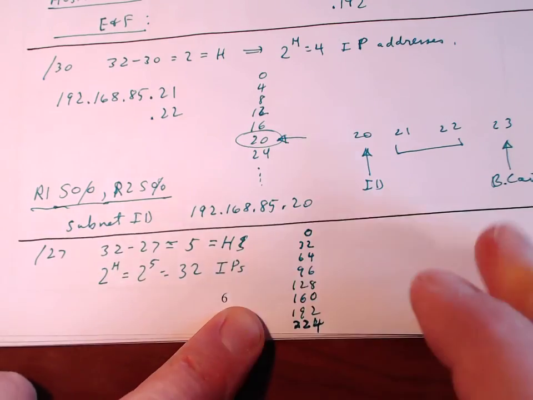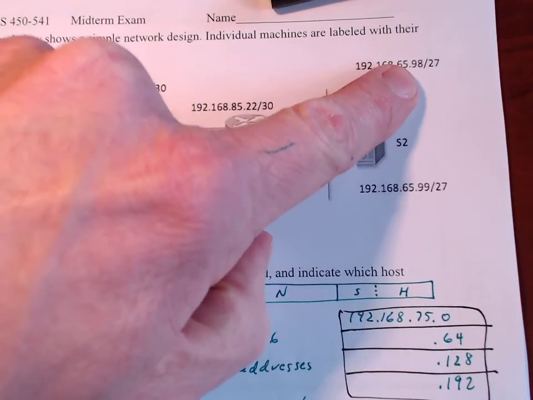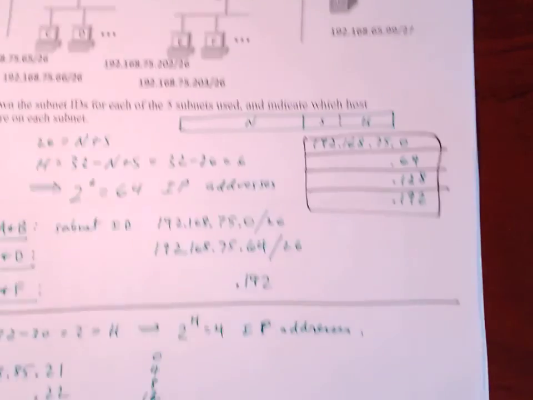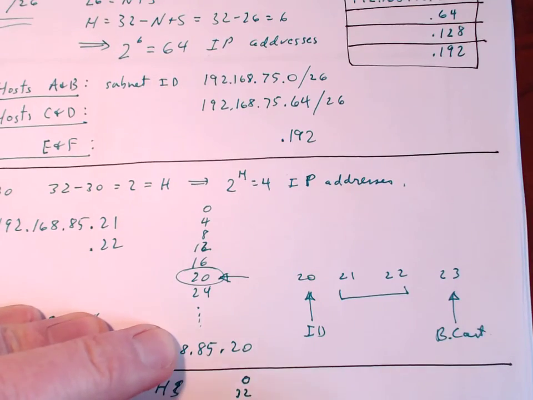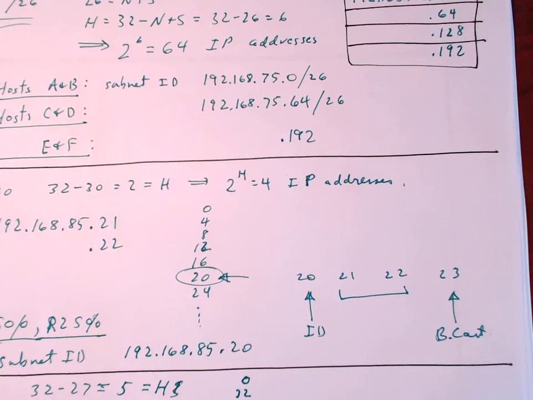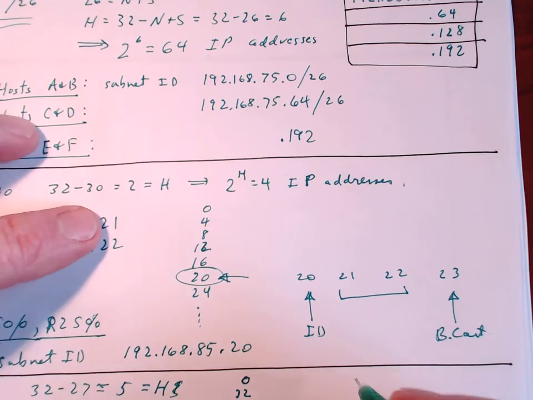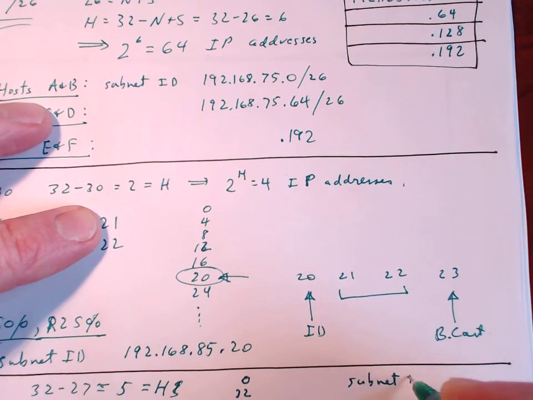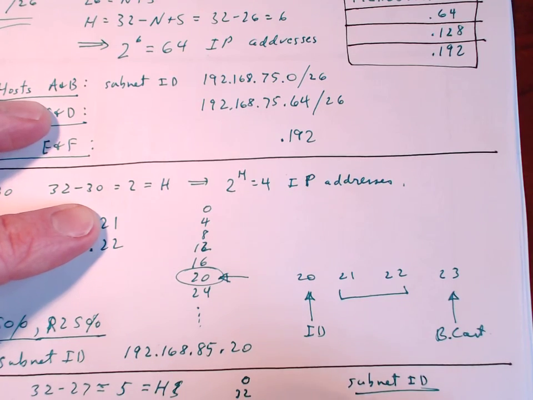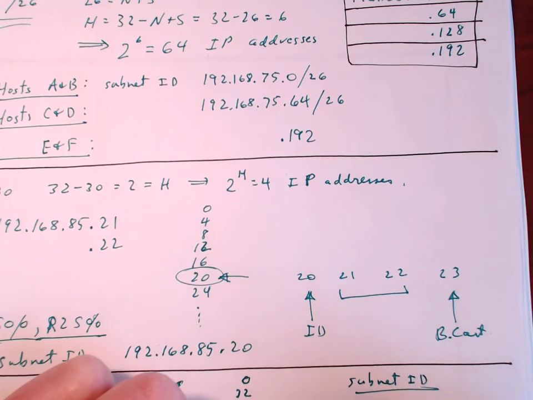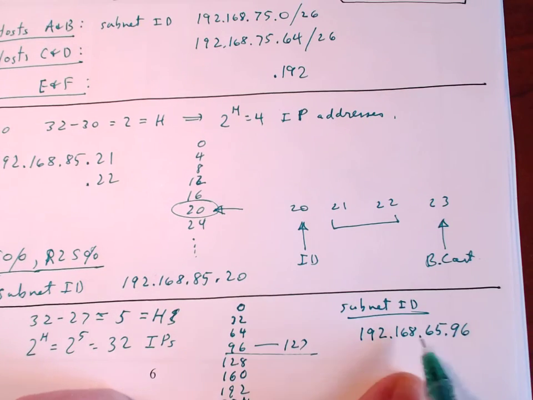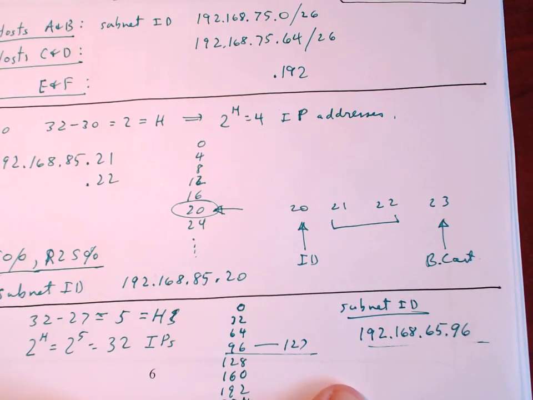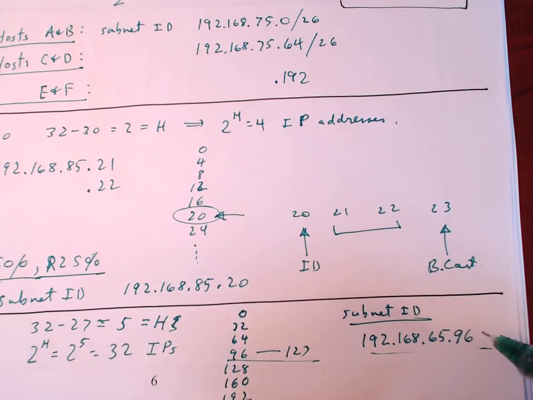And so the question is, where do the 98 and the 99 lie? They happen to lie between 96 and 127. So the subnet ID for these two is 192.168.65.96, and this is a /27.